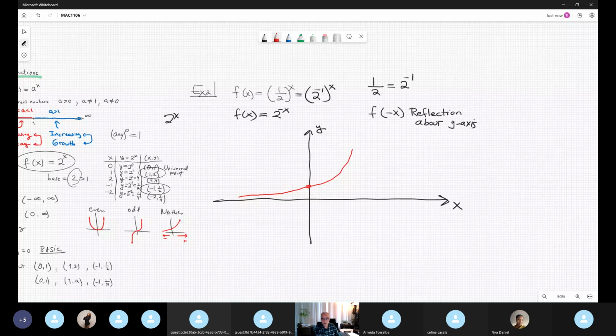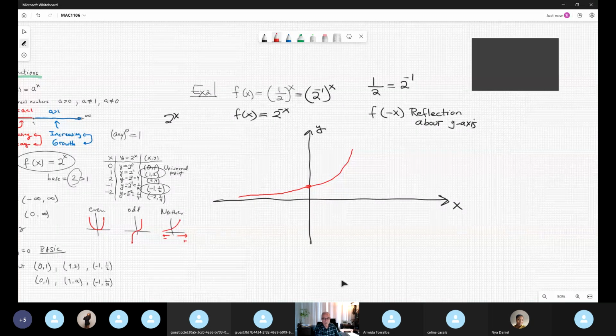The exponential that we discussed last time was increasing, so population growth, exponential growth, because the base is 2. Now, what we are doing is 1/2, a reflection about the y-axis.